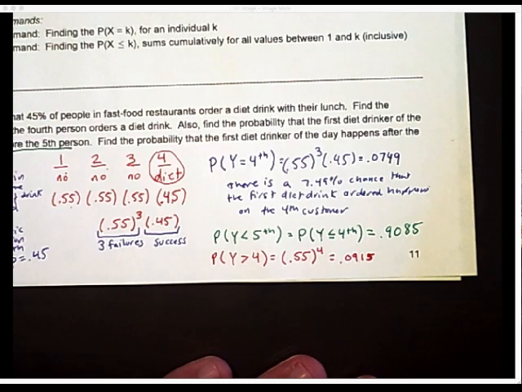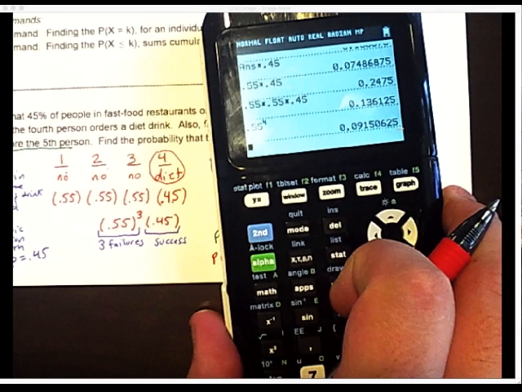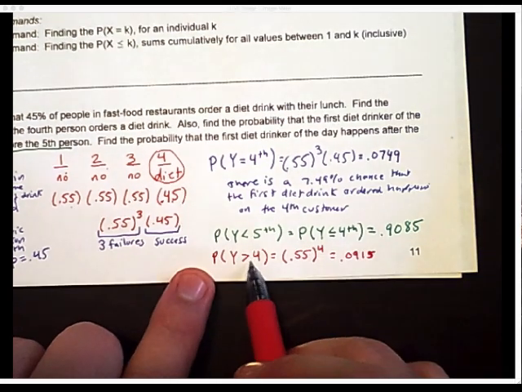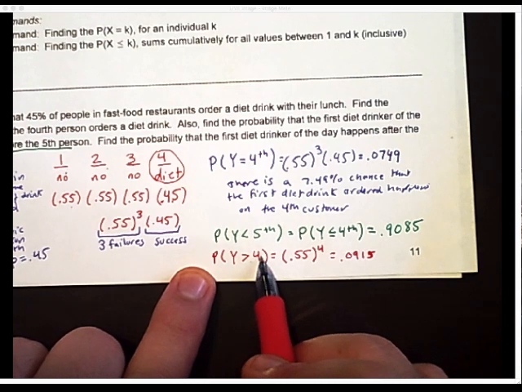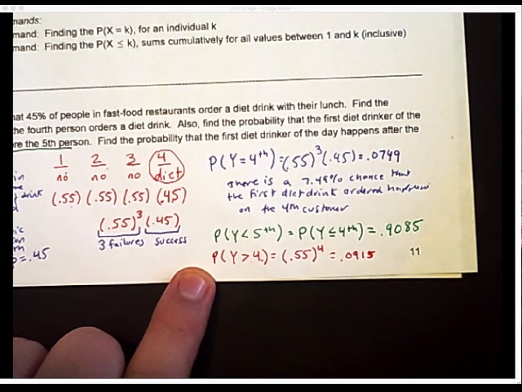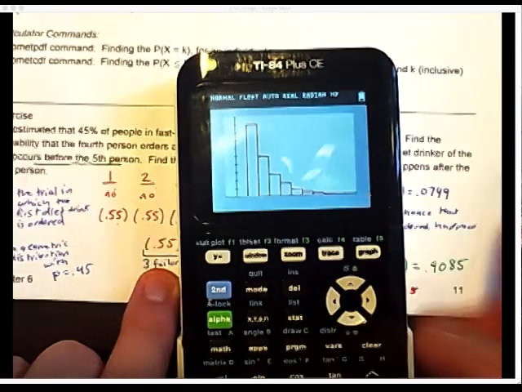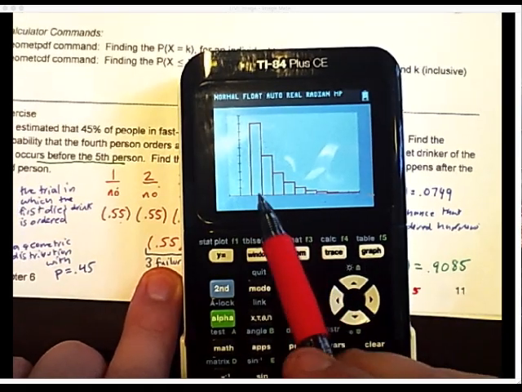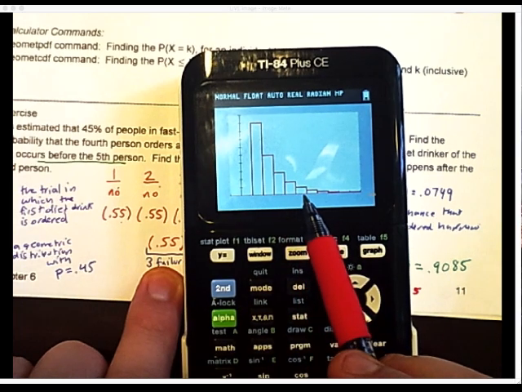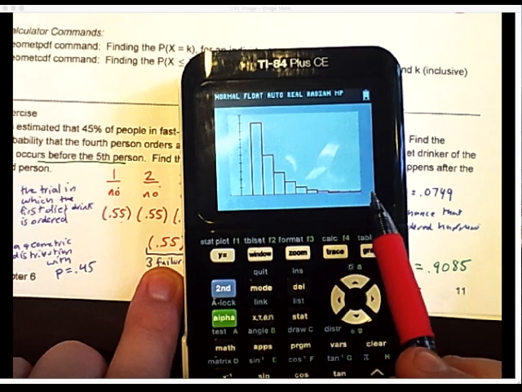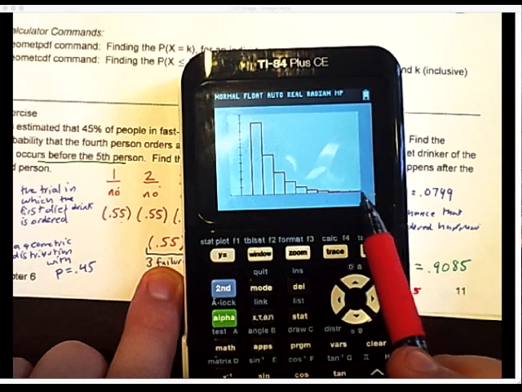In the calculator, that's what I just did, 0.55 to the 4th. So y is greater than 4 means 5 and higher. That formula is a quick way to add up the 5th bar and all the bars out to infinity to the right. It's actually an infinite sum.